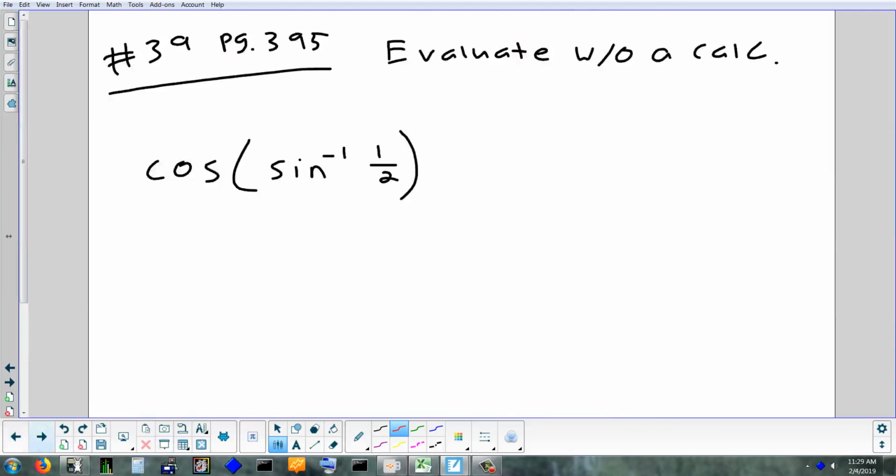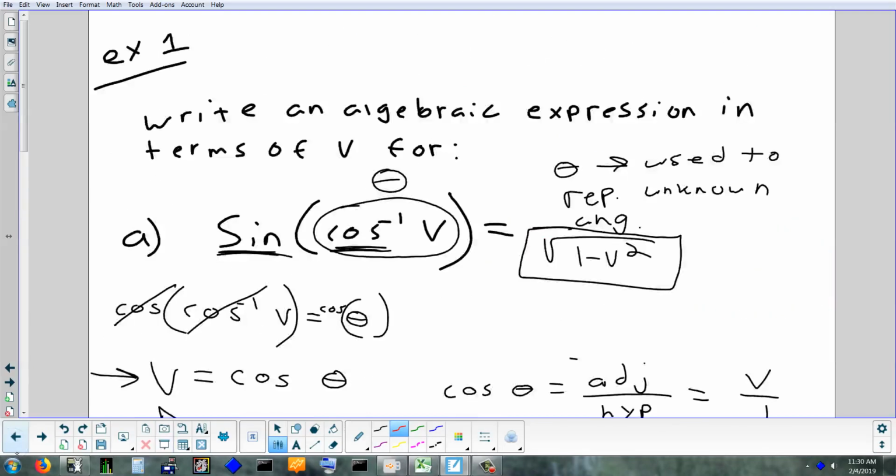Let's try one more of the first type. Regular trig on the outside, inverse trig on the inside. Now, this one is exactly like this one. The only difference is the one we're doing now, it's all numbers. You're not going to have any letters in the problem at all.